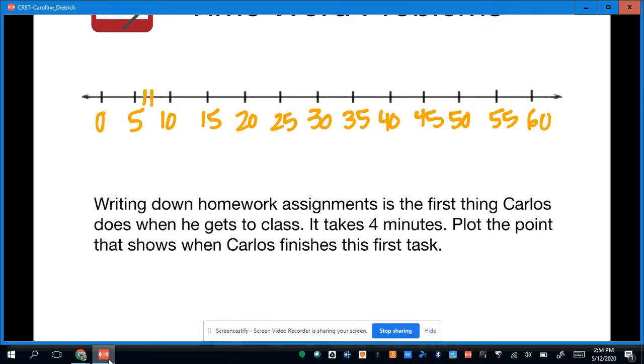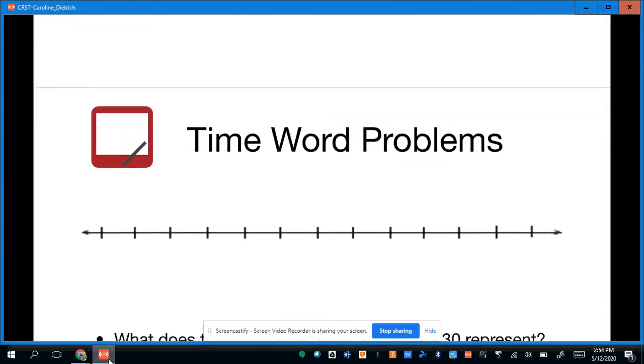And I need 1s here, so I'm going to mark arriving. Okay, and it takes 4 minutes. So that means I need to count 1, 2, 3, 4 minutes. So now I have finishing his first task. So that is at 9:12.